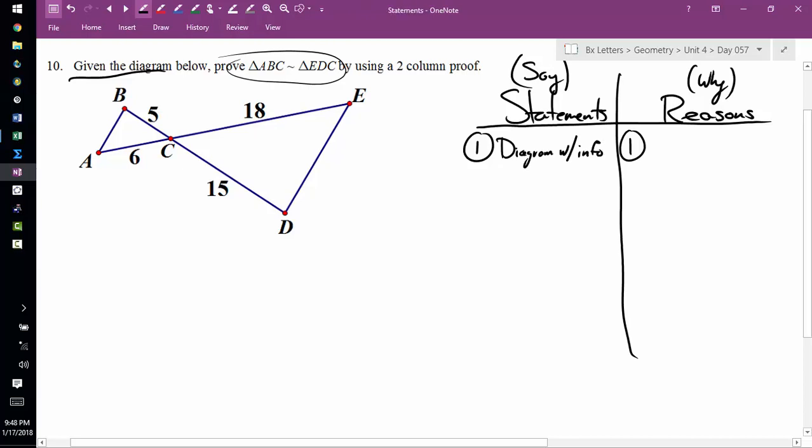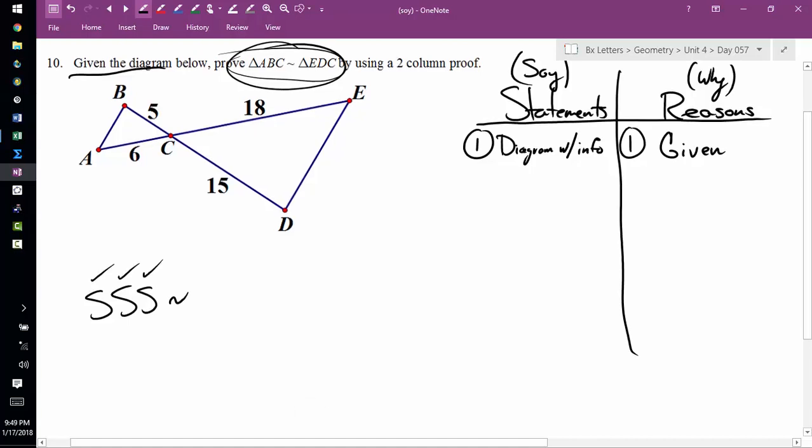How did I know this diagram with all that information? It was given to me. And you always want to start a proof with givens because that's going to be how you make the next couple statements. And when we're proving triangles are similar, we have three methods. We have the side-side-side similarity, which is three side facts showing that all the sides are in equal ratios.